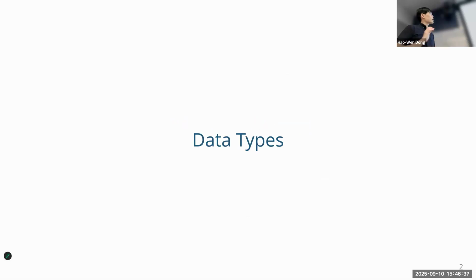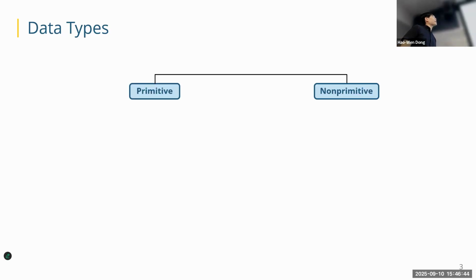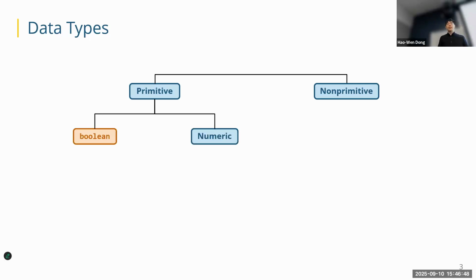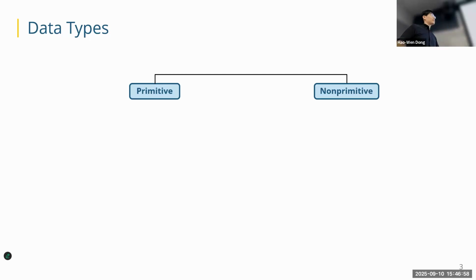So data types. This is the hierarchy of data types. Primitive means that it's something naturally on your machine. Your machine has to support that. And non-primitive means that it's something you created, or some built-in thing that's unnatural for the computer.